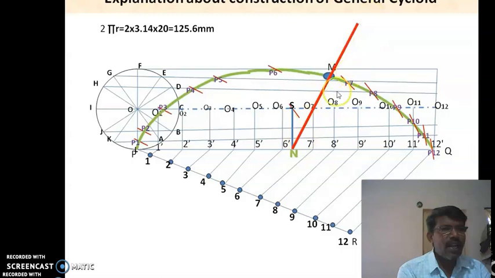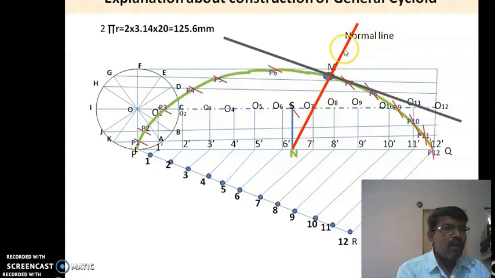Now join N and M, that acts as the normal line. Join N and M and name it as the normal line, and draw a perpendicular line to the normal that acts as the tangent. So this is how to construct the tangent and normal for the general cycloid, and it is very simple if you understand it.